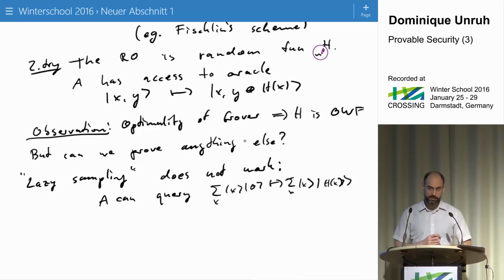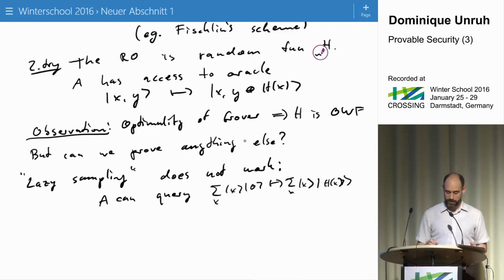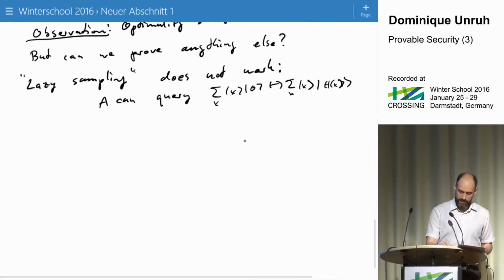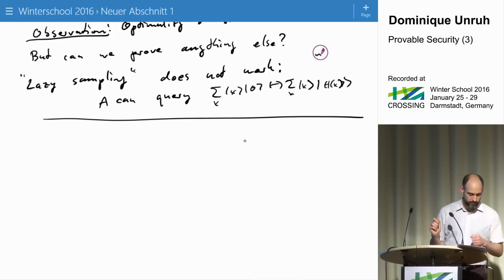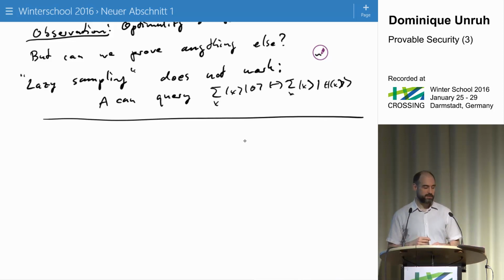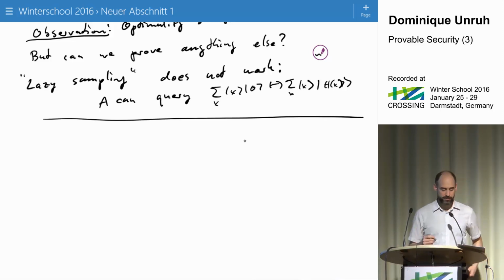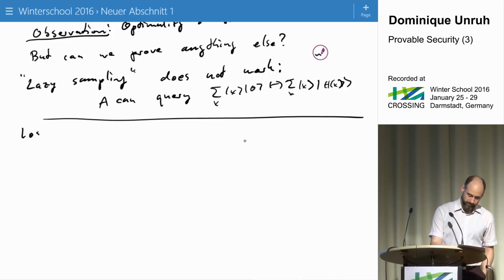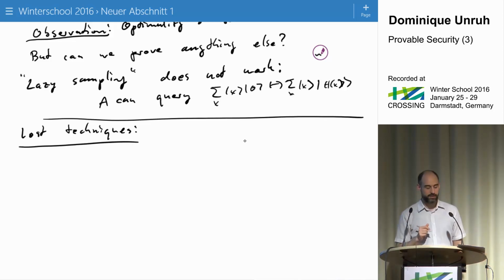And this is a big loss, because without lazy sampling, most of the things that we do when using the random oracle in the classical setting break down, go away. So for example, in the first paper that made the quantum oracle really explicit in terms of definition, in the introduction we have a list of things where it's not clear anymore how we do it, and I think it's nice to mention them.